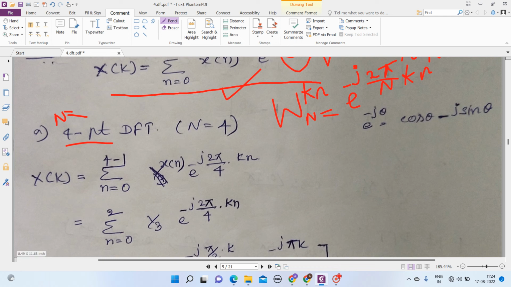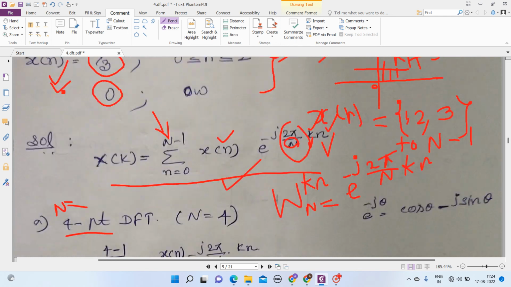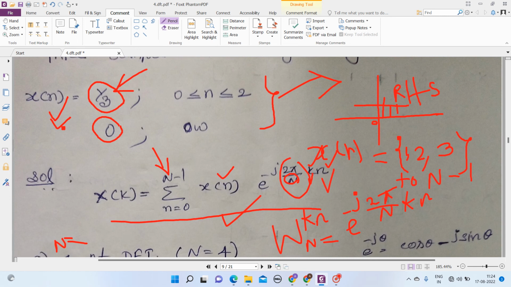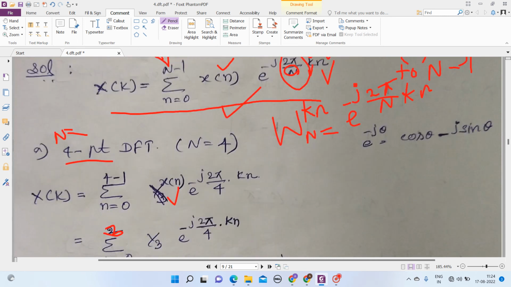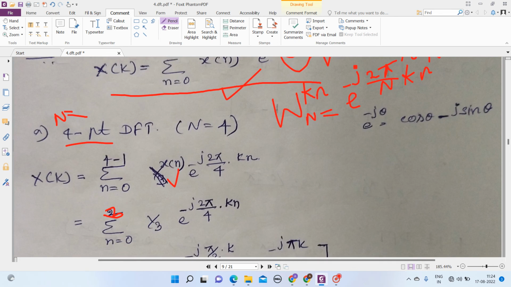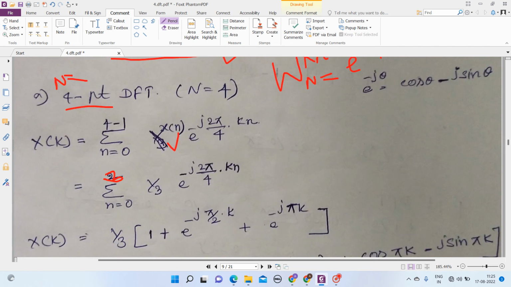Here capital N is 4, so 4 minus 1 is 3. In the problem they have given amplitude 1 by 3, so I have written 1 by 3 e to the power of minus j 2 pi by 4 into kn.